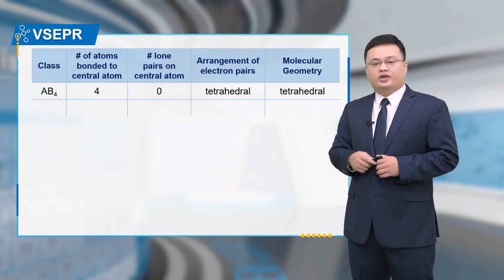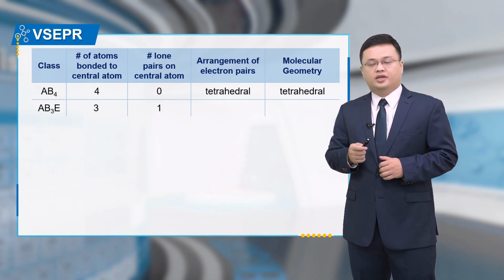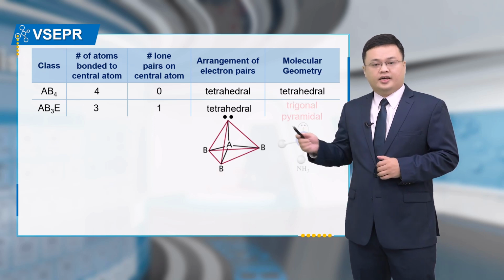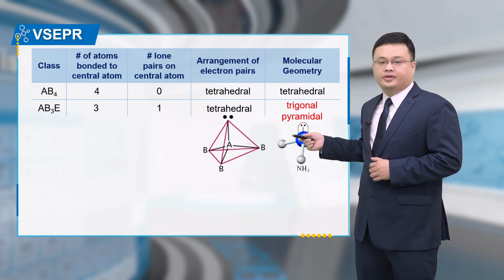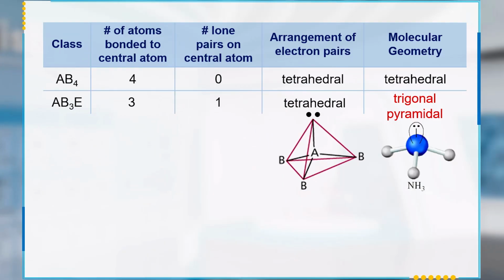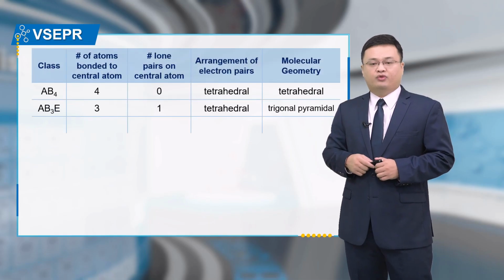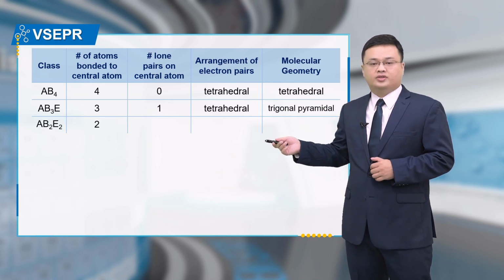Similar to AB4, the AB3E also possesses a tetrahedral arrangement of electron pairs, but its molecule geometry is trigonal pyramidal, like ammonia. The lone electron pair forces the three hydrogens to move down from the plane and form a trigonal pyramidal geometry at the end.